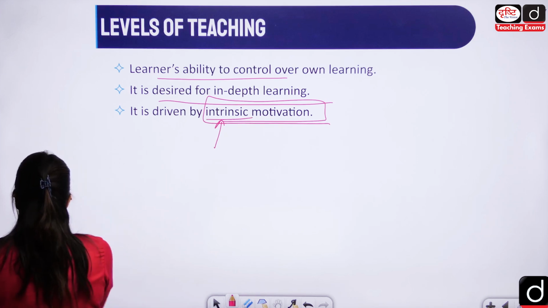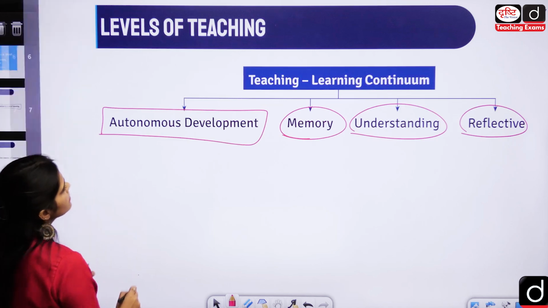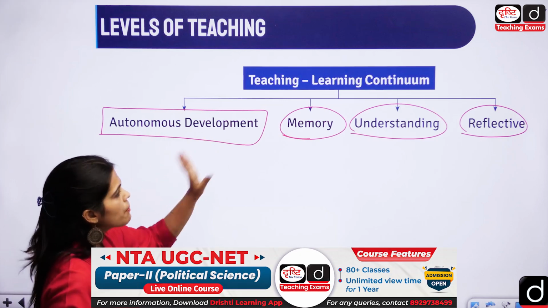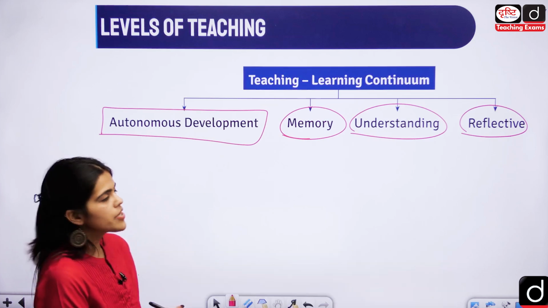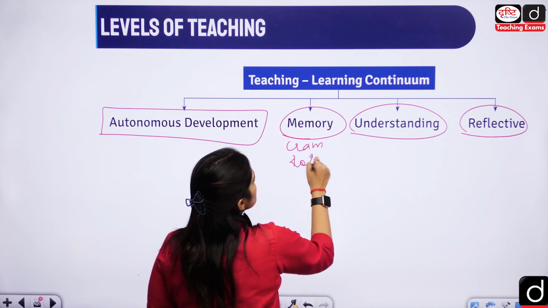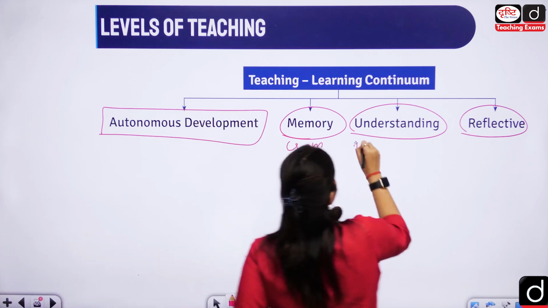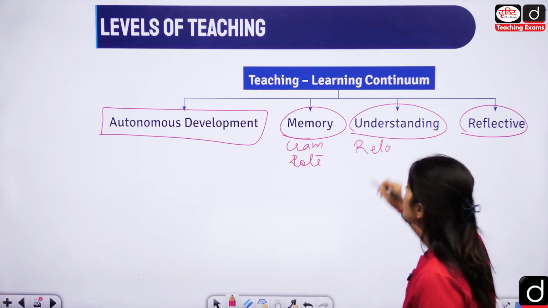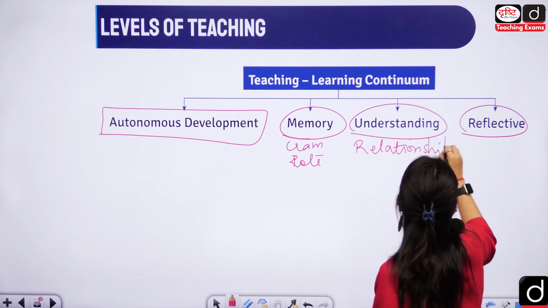Now let us revise these three levels. As I was telling you, there are three levels only. This is the autonomous development that Biggie added. So the three levels, if they ever ask you, is the memory level, where cramming and rote learning are more important. In the understanding level, we talk about the relationships that we have.